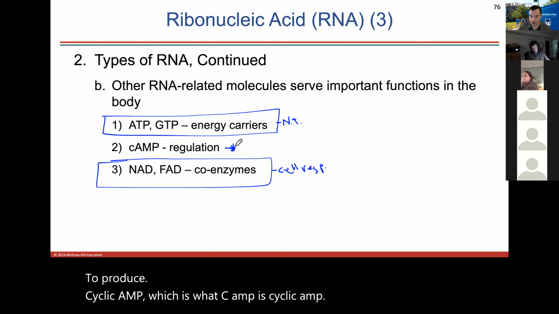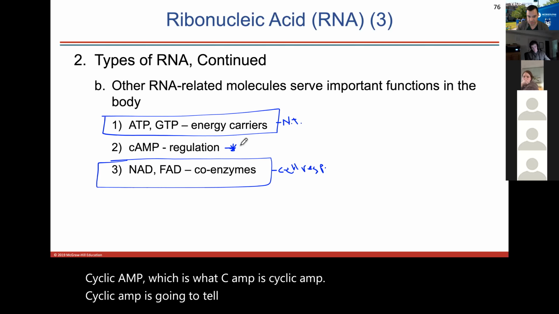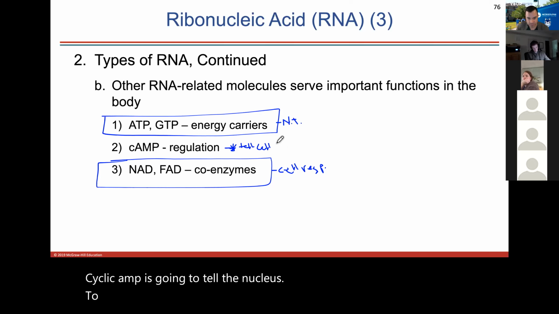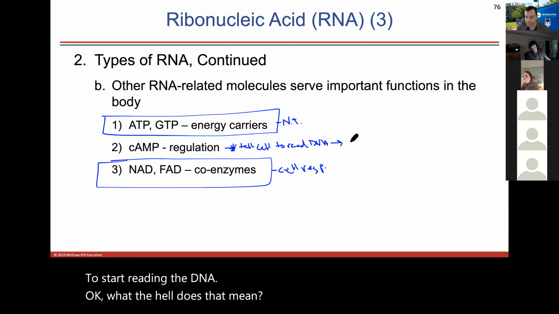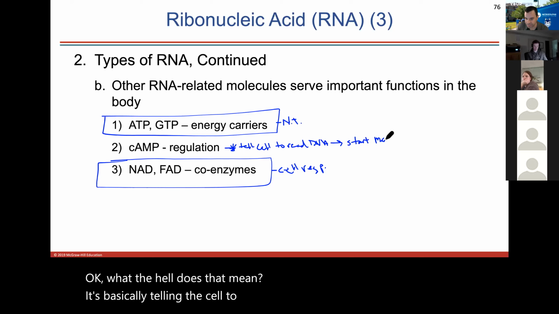Cyclic AMP is going to tell the nucleus to start reading the DNA. Okay, what does that mean? It's basically telling the cell to start making stuff.